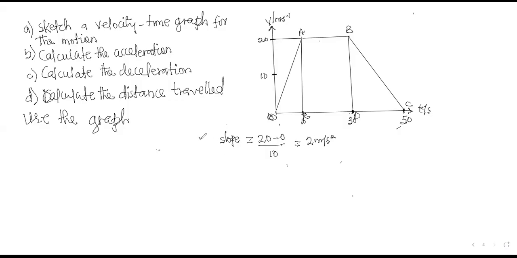Please start marking yourself. So then B, calculate the deceleration. The uniform deceleration will be the slope of BC. Okay. So the slope of BC is equal to the final velocity 0 minus the initial velocity 20, divided by a time interval of 20.